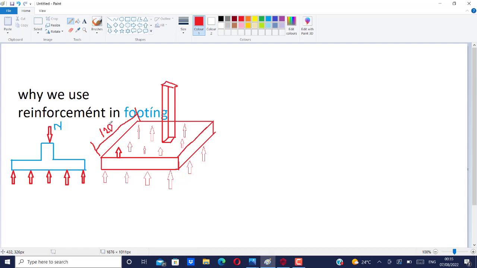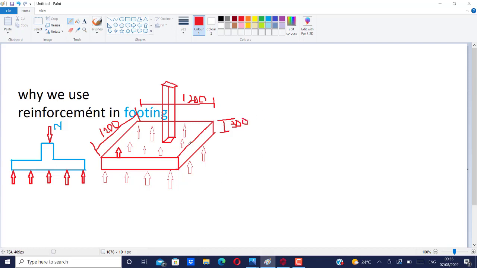Let's take it to be 1.2, and this side too is 1.2. Then the thickness, which is here, let's just assume it is 300. These are assumed values. We just want to play around with these figures.